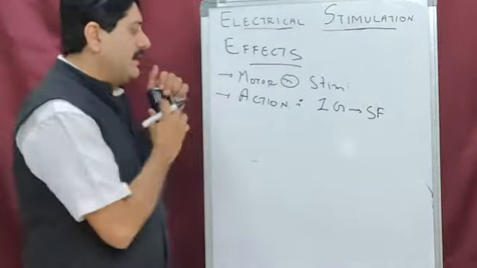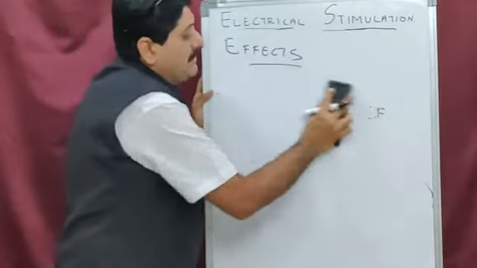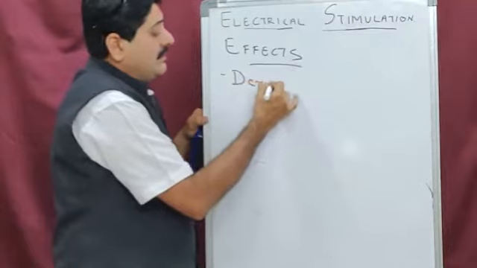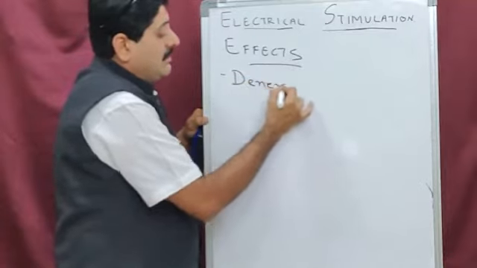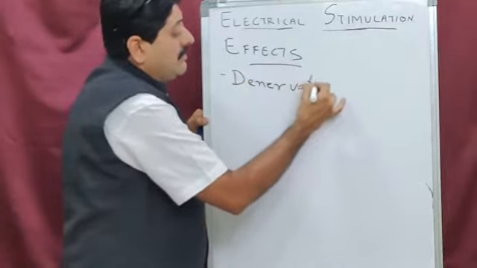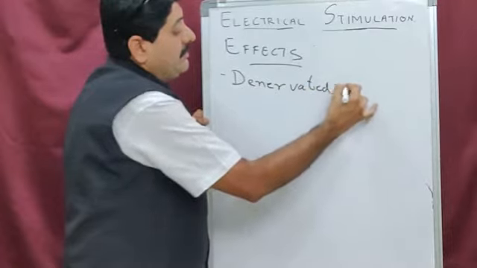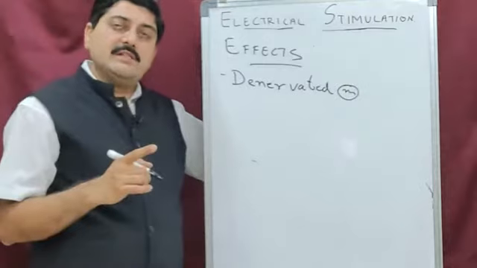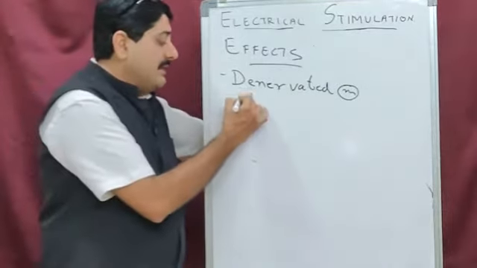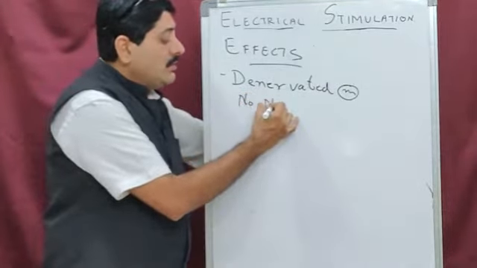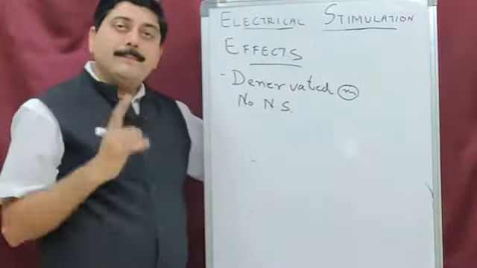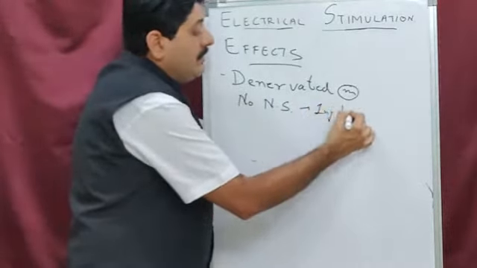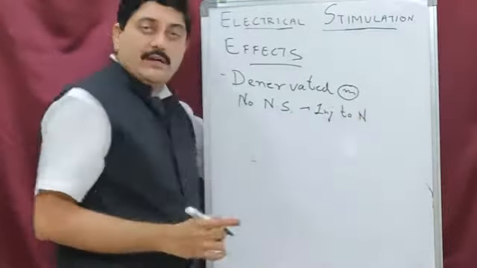If you stimulate a denervated muscle, the denervated muscle has no nerve supply because of injury to nerve, right.